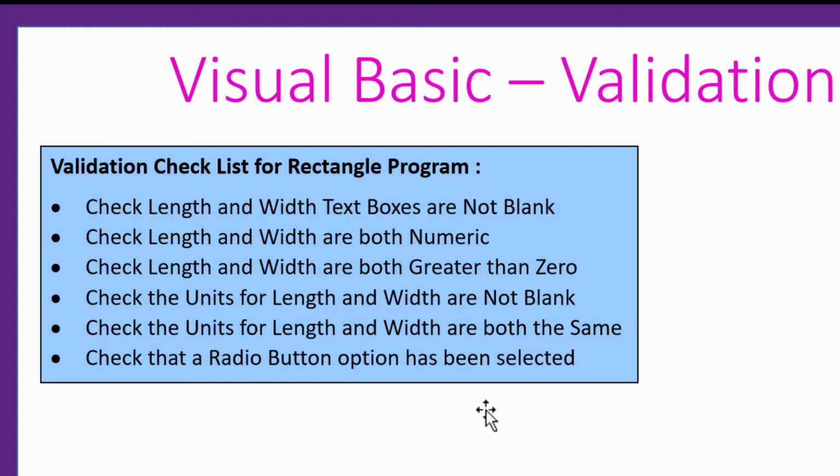Check that they've put those units in, whether they've put centimeters for both of them or kilometers for both of them, and that they're both the same units, that they haven't put millimeters for one of them and kilometers for the other one. Or if you've made yours an American program, check that one isn't in inches and the other one isn't in yards, and check that the radio button that they've picked says whether they want to do area or perimeter. Okay, so you need to check all these things.